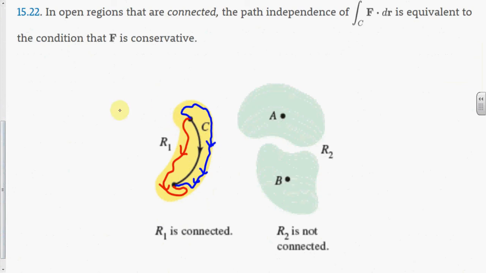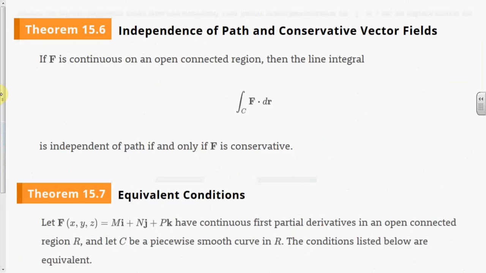So let's work a problem here and see what's going on. The theorem says that if F is continuous on an open connected region, and the neat thing for you is that the problems that we're given, the region will be connected. In the class that I had, you spend considerable time determining whether or not the region is connected.